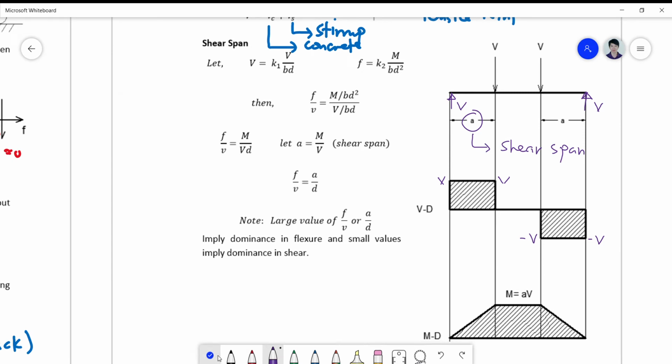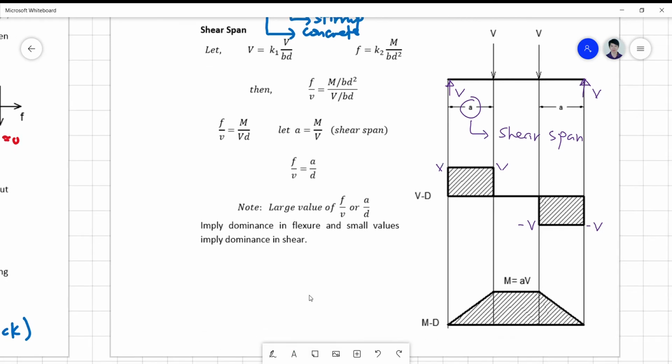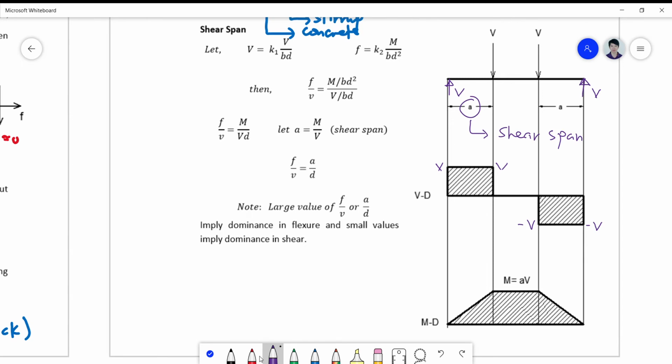Very simple shear diagram. And of course, the moment can now be computed on the basis of the area. So what's the area of this figure here? You can get the moment there by the area method.